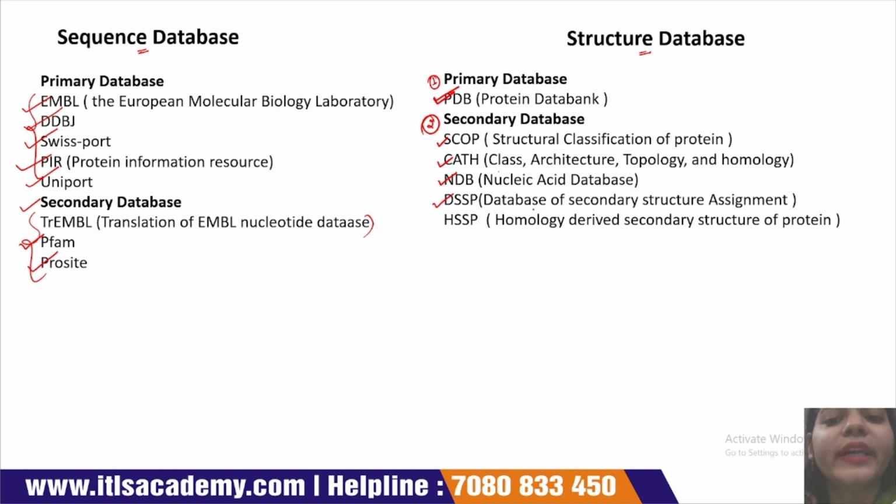DSSP, database of secondary structure assignment. Next, HSSP, homology-derived secondary structure of proteins. These are the sequence databases. This is the primary sequence database. This is the secondary sequence database. This is the primary structural database. This is the secondary structural databases.